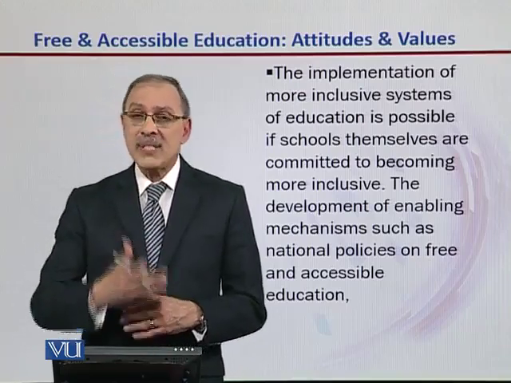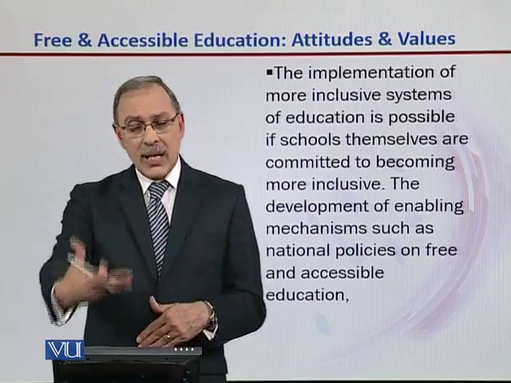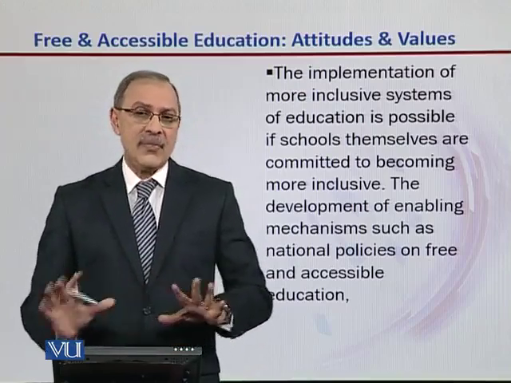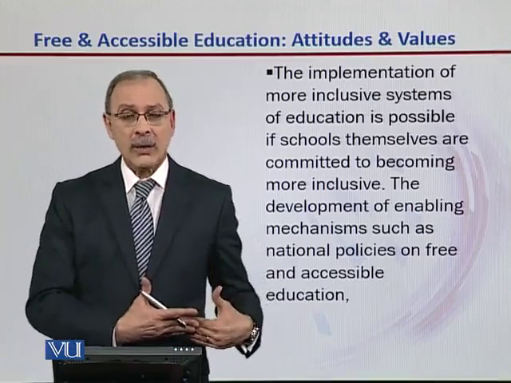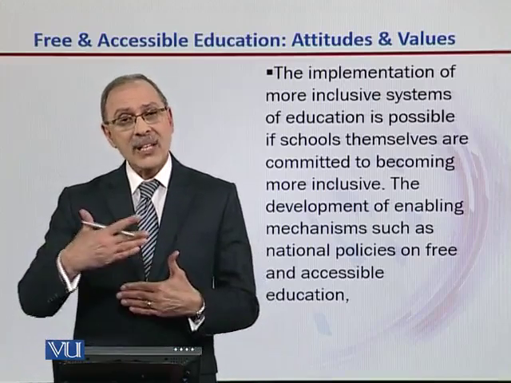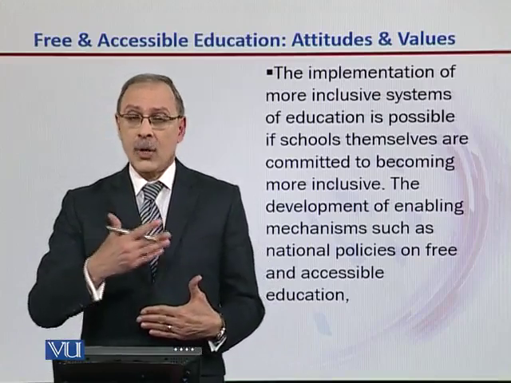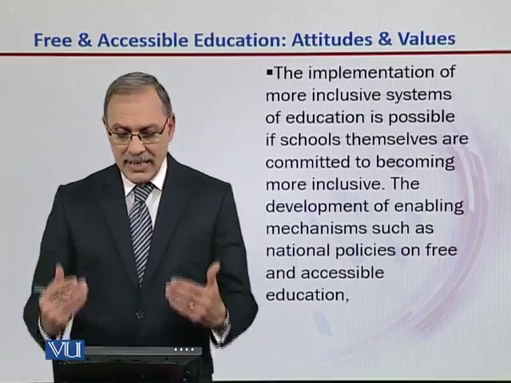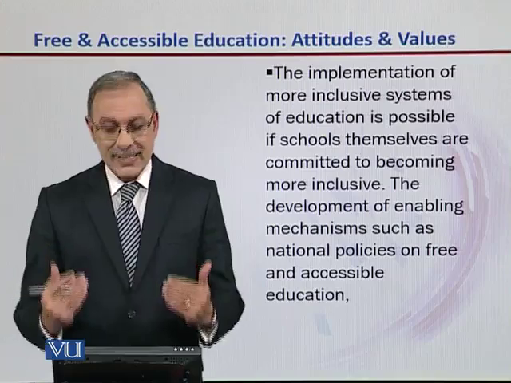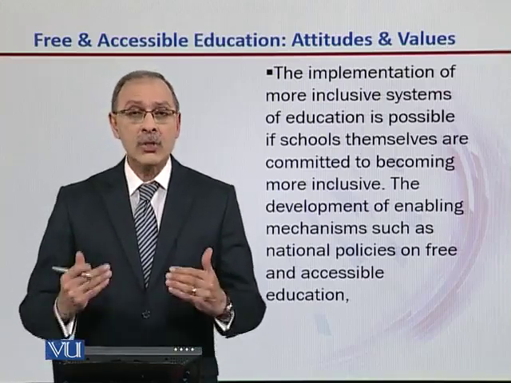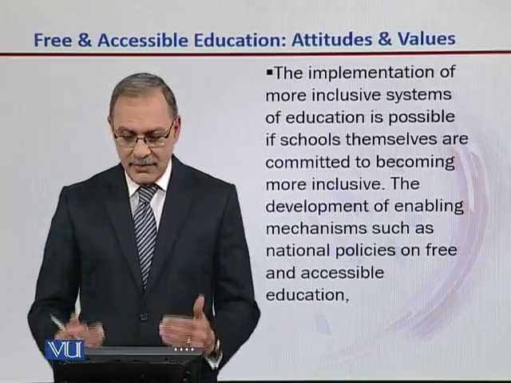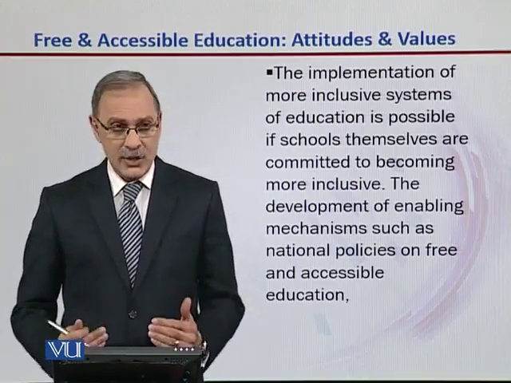A lot of times, it's the parents who see the kind of children coming to school and think, oh, no, this school is not for my child. And so parents walk away. So either way, whether it is from the school side or the parent side, somebody has to step in and say, this must be inclusive. All children must receive good quality education.